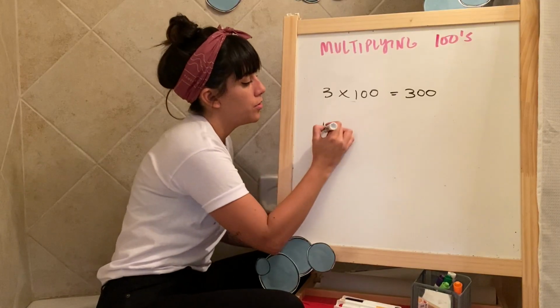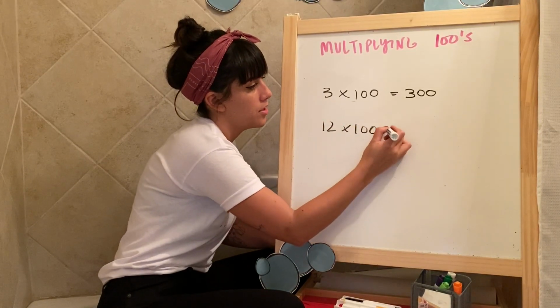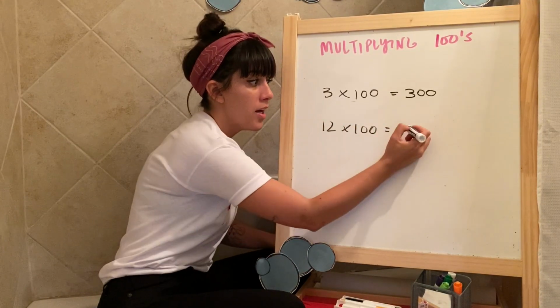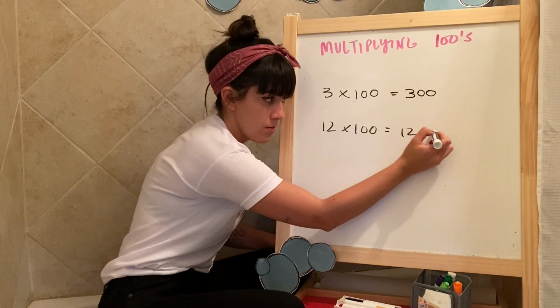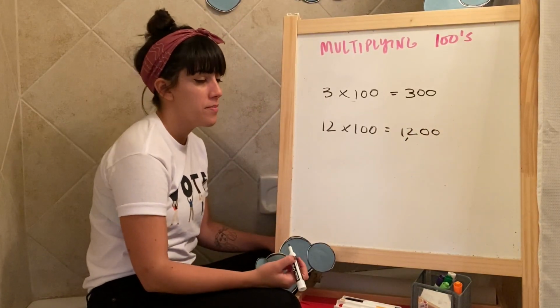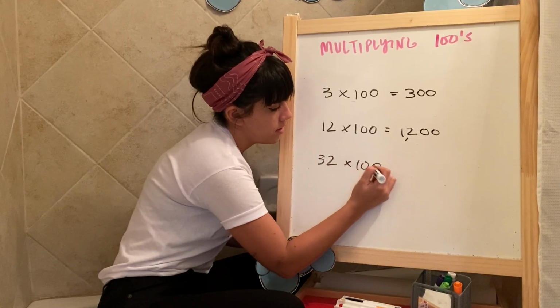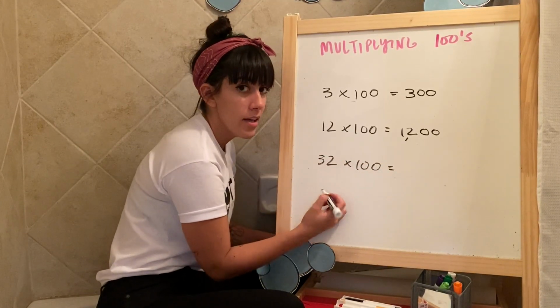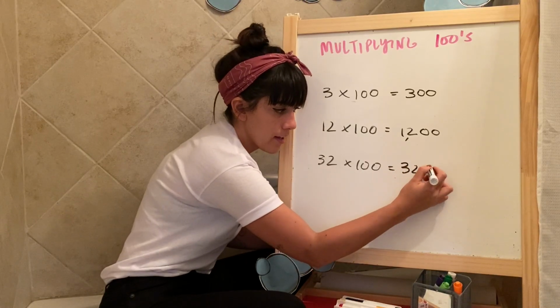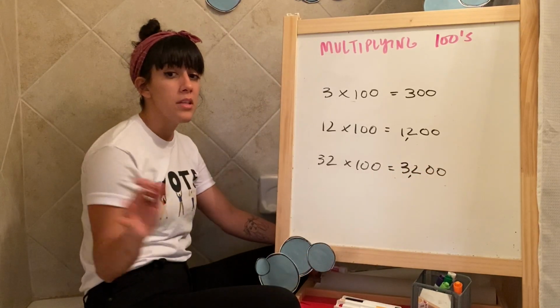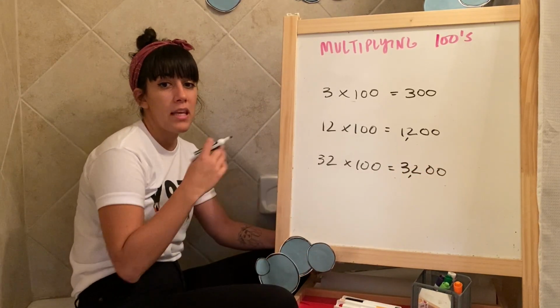If I wanted to do 12 times 100, still multiply 12 times 1, 12, plus the 2 zeros, 1,200. If I wanted to do 32 times 100, 32 times 1, 32, add the 2 zeros, right? So same concept, you're just making those groups.